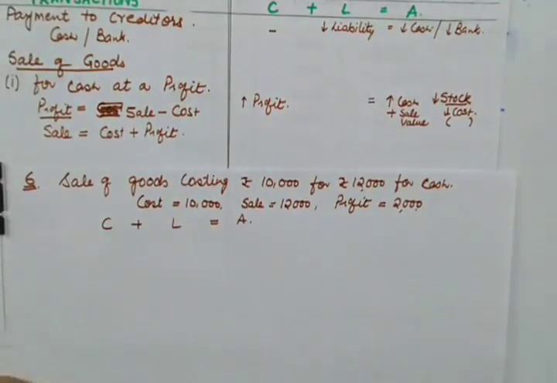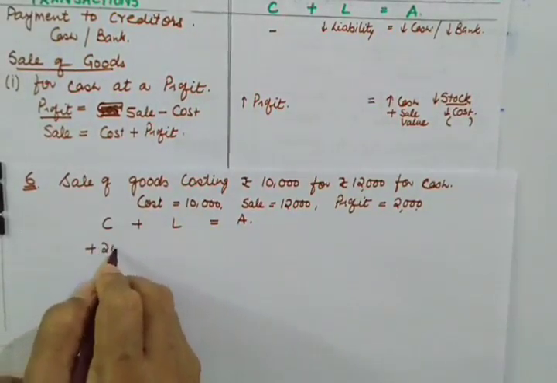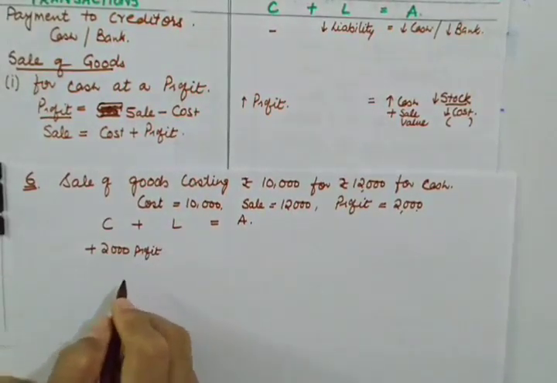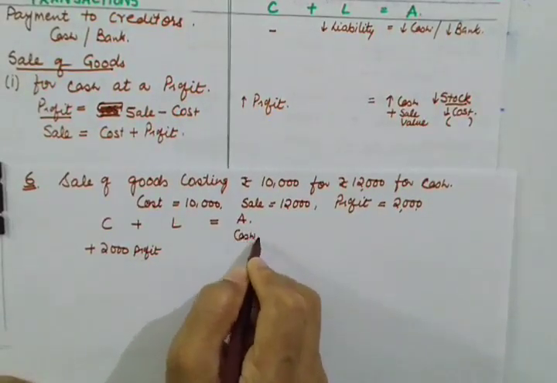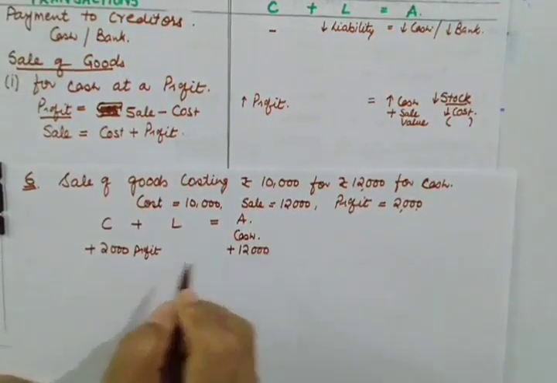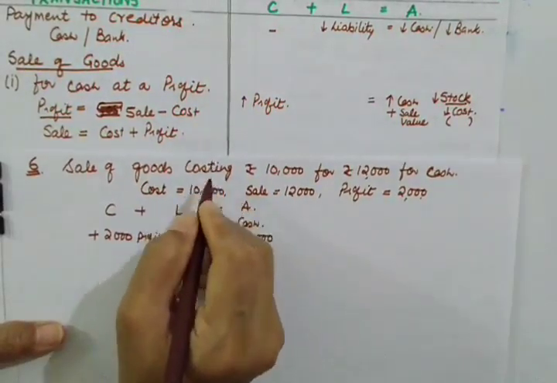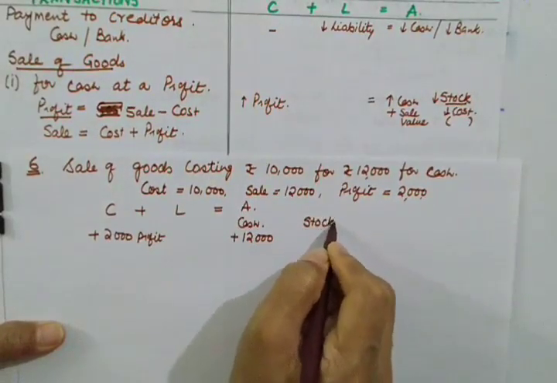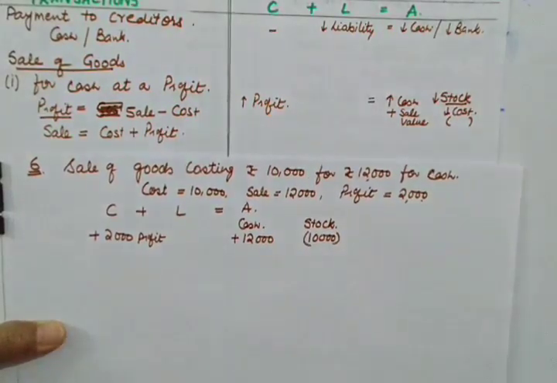So let us see how this is to be recorded in the accounting equation. C plus L is equal to A. So how much profit? 2,000. So your capital will increase with the profit amount. I am writing here profit just for your understanding, and here your cash will increase by 12,000, because this much cash you are getting through sale of goods, and likewise your stock will reduce by 10,000.